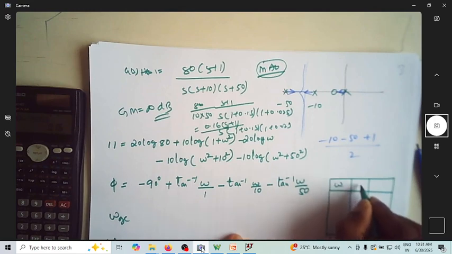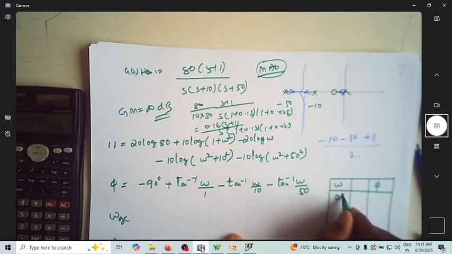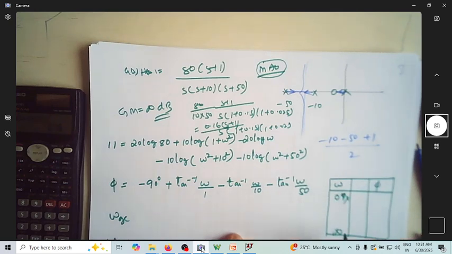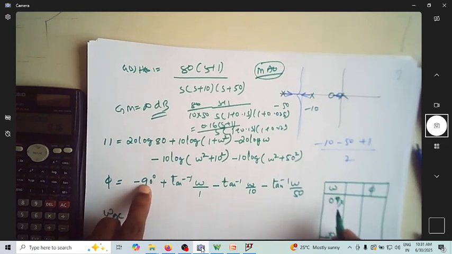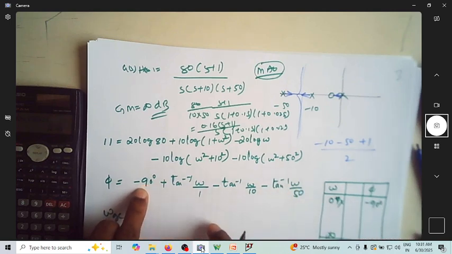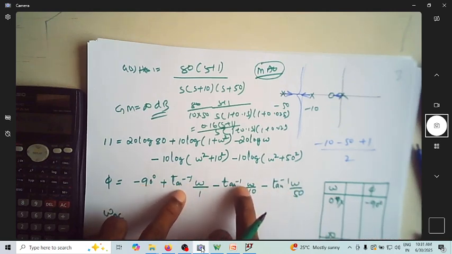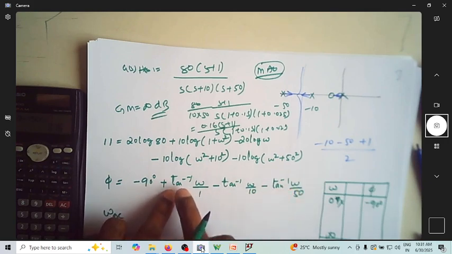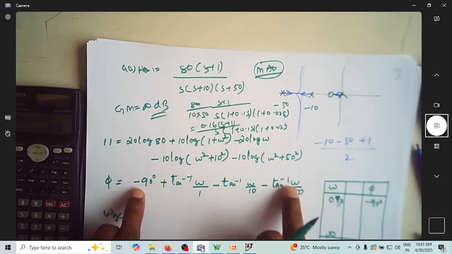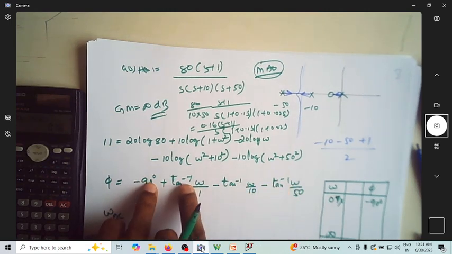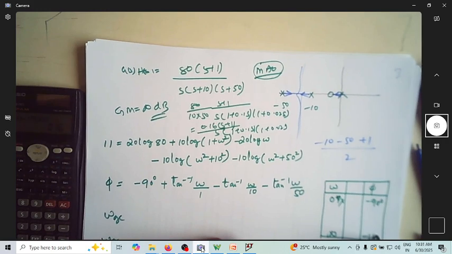Maybe you can predict what is the phase at 0 radian per second and infinite radian per second. At 0, you can see these are contributing 0, it is minus 90 degree. And at infinity, each one will contribute 90. So this is plus 90, minus 90, minus 90. These two will cancel, and you'll end up with minus 180.